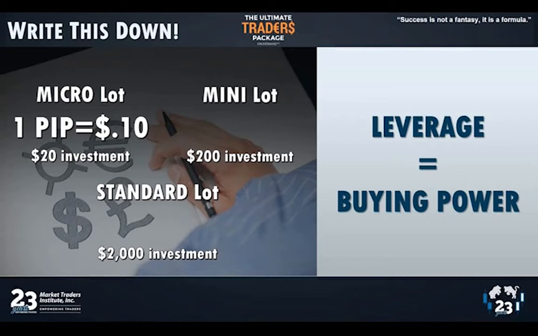We put the same amount of analysis in, the same amount of time, effort, and energy. All we do, though, is step up our investment, and we invest in a mini lot, $200. 12 hours later, we sell out. Our broker gives us our $200 back. This time, though, in a mini lot, for every pip, we just earned $1. So on our $200 investment, we just made $96 return in 12 hours.